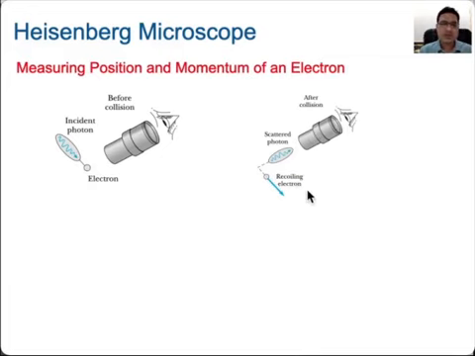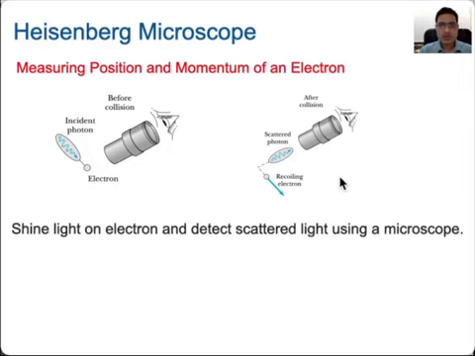A similar concept you have seen in the case of the Compton effect. So that is the idea, that you shine a light and you collect the scattered light in the microscope, and by this you try to measure the position and momentum of this electron.